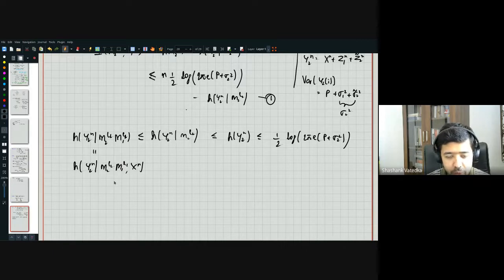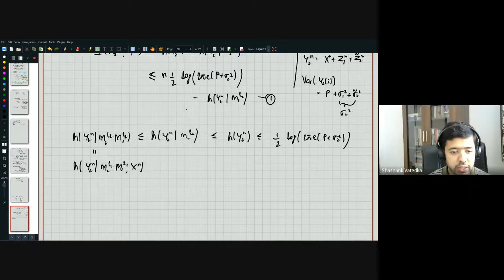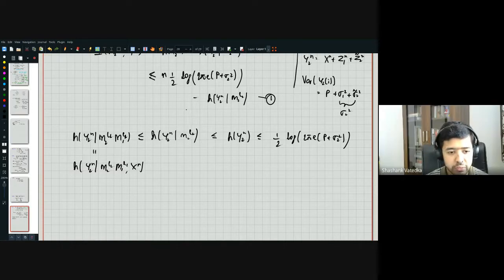So given m1 and m2, is there any uncertainty left in xn? No, sir. Because the two messages together exactly uniquely determine the code. There's no additional randomness.